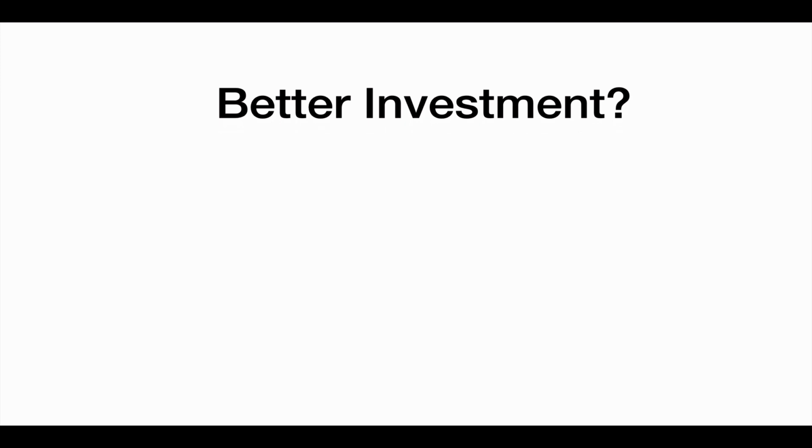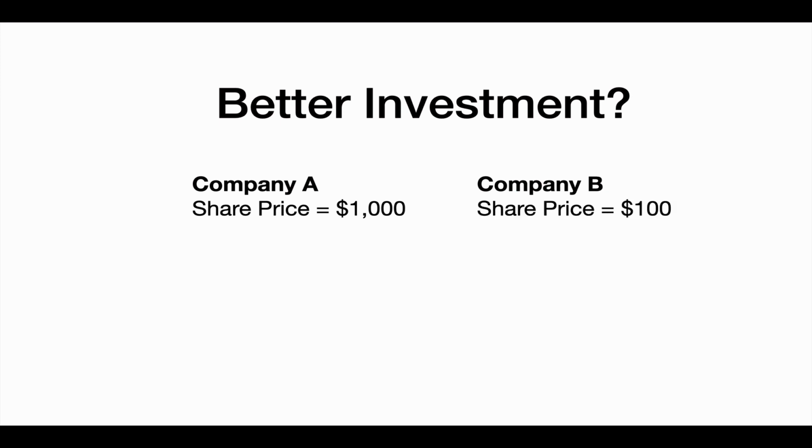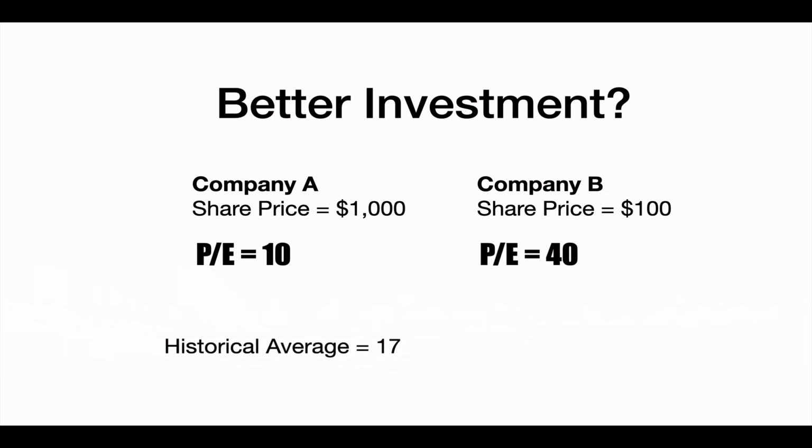So this brings it back to the first question. Which is a better investment? We have company A and its share price is $1,000, or company B with its share price of $100. But this time, you know that company A has a PE of 10 and company B has a PE of 40. And you also know the historical average being 17 and the current one is 33.